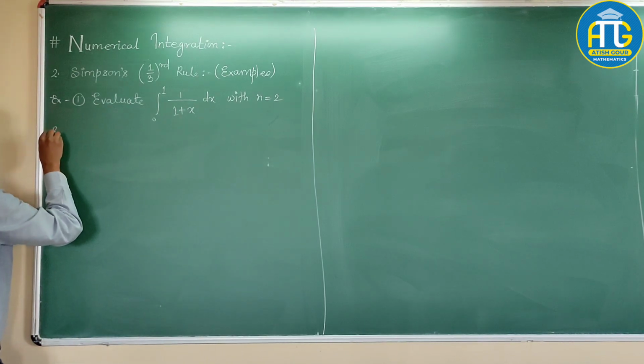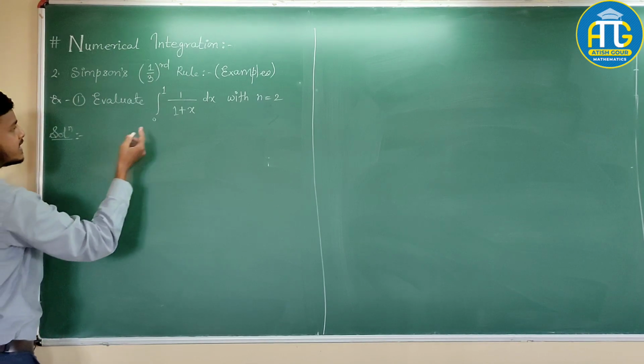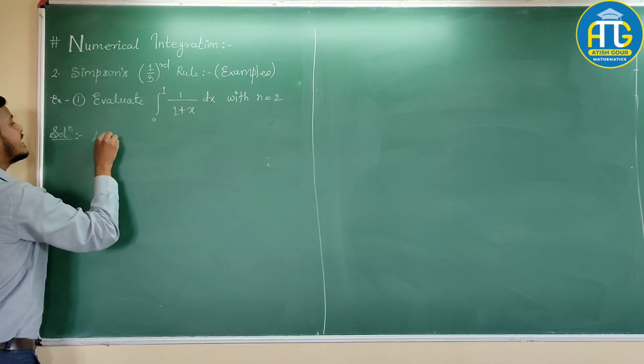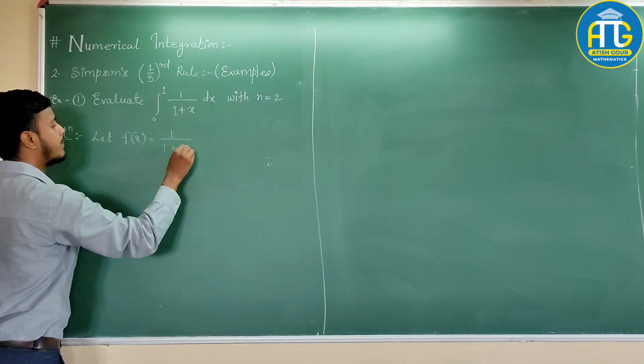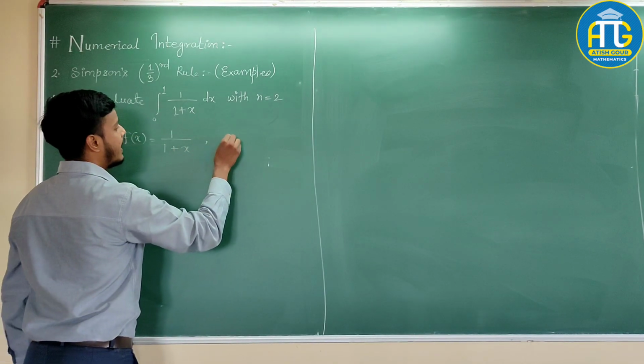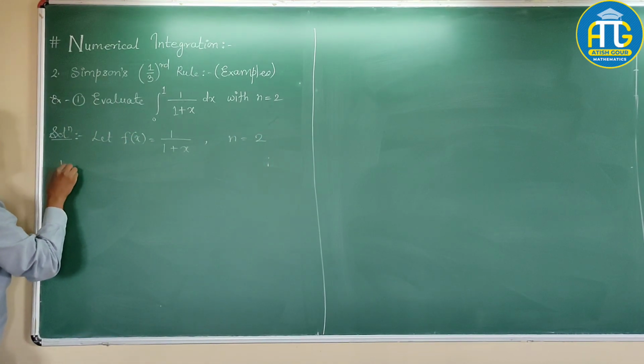So what is given to us? Let f of x is equal to 1 upon 1 plus x and n is equal to 2. What are the limits?